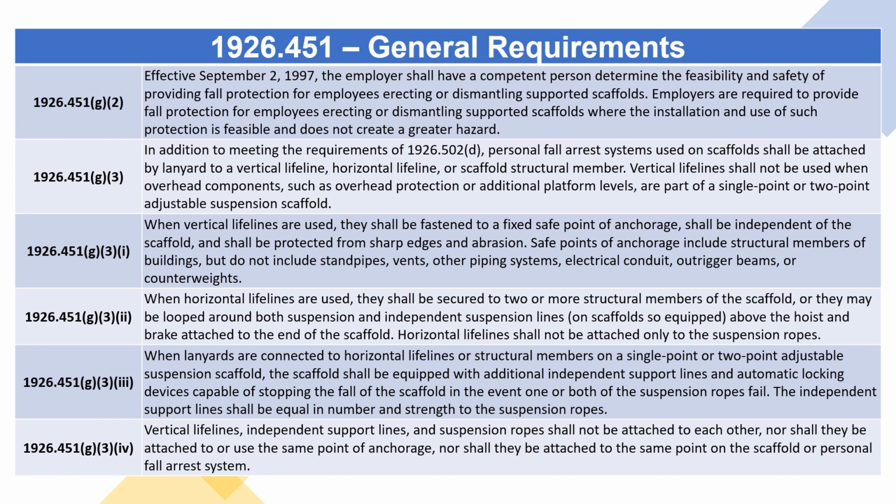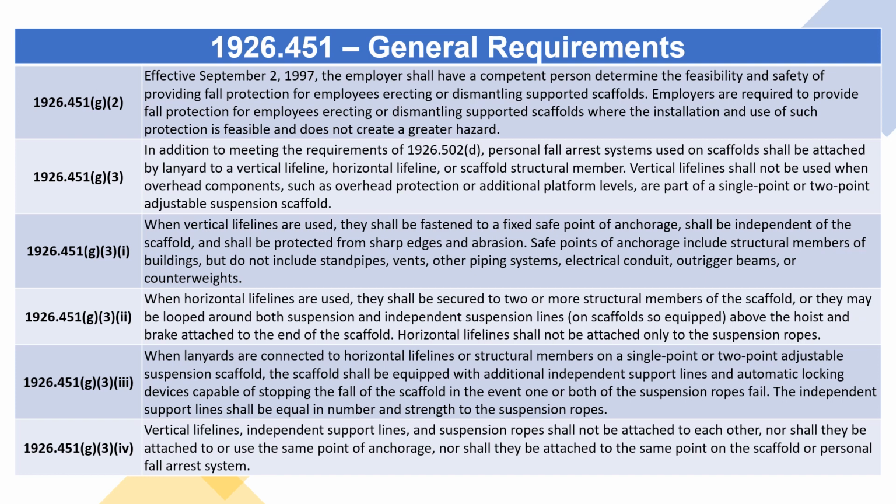1926.451 G3(i) through G3(iv). When vertical lifelines are used, they shall be fastened to a fixed safe point of anchorage, shall be independent of the scaffold, and shall be protected from sharp edges and abrasion. Safe points of anchorage include structural members of buildings, but do not include standpipes, vents, other piping systems, electrical conduit, outrigger beams, or counterweights.